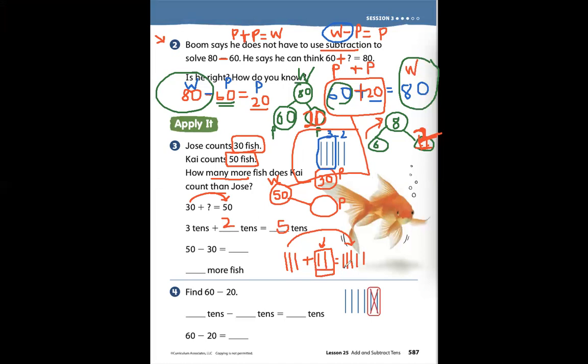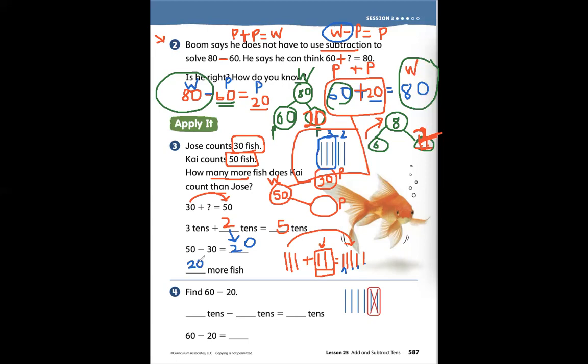Let's count by tens. 10, 20, 30, 40, 50. So 50 minus 30 is 20. Yes, 20 more. Kai has 20 more fish.